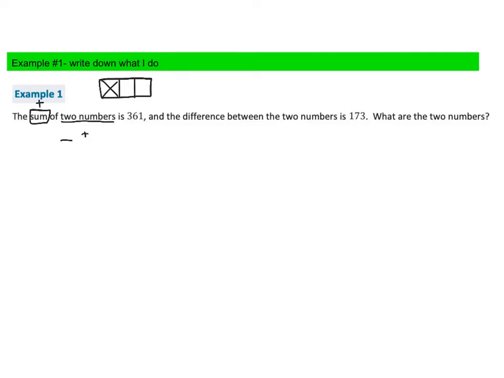Blank plus blank equals 361. And the difference, between the two numbers, means something minus something equals 173. What are the two numbers? So I'm trying to figure out what these two numbers are.